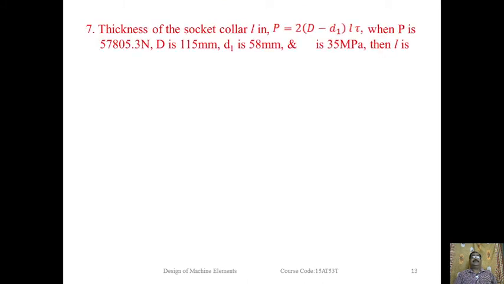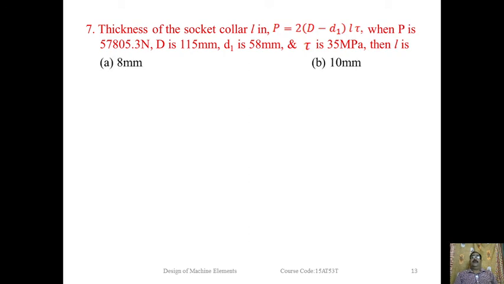Seventh one: the thickness of the socket collar L in the equation P is equal to 2 in bracket capital D minus D1 into L into tau, when capital P is 57,805.3 Newton, D is 115 mm, D1 is 58 mm, and tau is 35 megapascal.